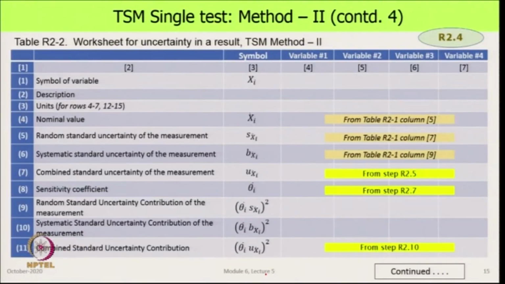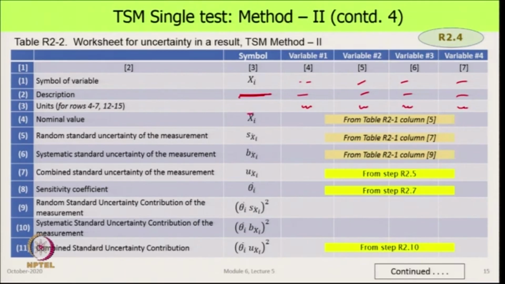So, here is the table, and this is a longish table. So, it continues. Name of the variable. So, we can write down the name of the variable in each one of these. Description, we can put a small description. Here there is no description, we can write that. Then units for various rows, not for some of the terms, we must write those units over here.